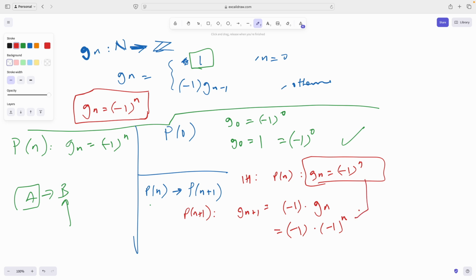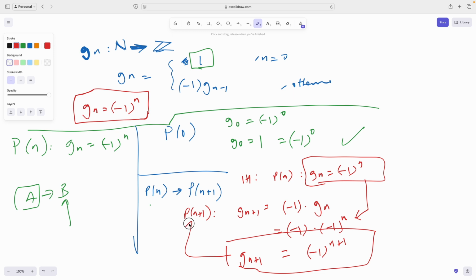So that comes there, and that's simply (-1)^(n+1). So that is actually P(n+1): g(n+1) equals (-1)^(n+1), and that is the proposition P(n+1), so that's proven.